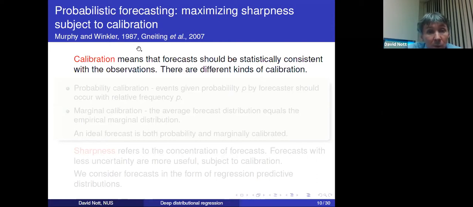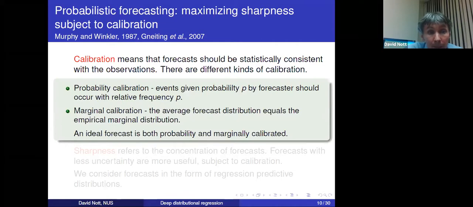A lot of the early work on probabilistic forecasting happened in meteorology. There are two basic kinds of calibration. A lot of the literature on uncertainty quantification in deep learning has been concerned with probability calibration.